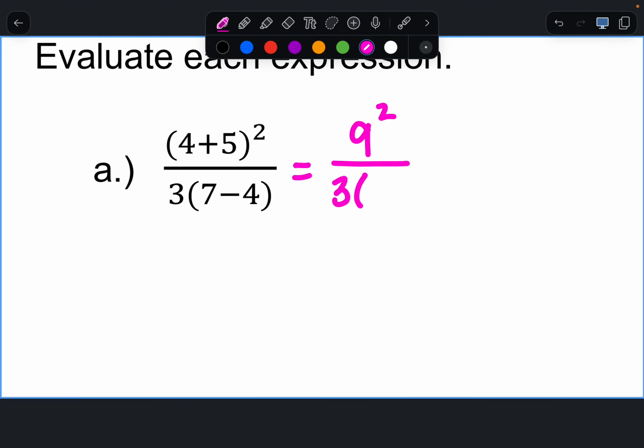Okay, so now PEMDAS, E for exponents. What would equal 9? Okay, so yes. When we have it as one big fraction, basically the division's going to be last. Do you see what I'm saying there? We should do the 3 times 3.